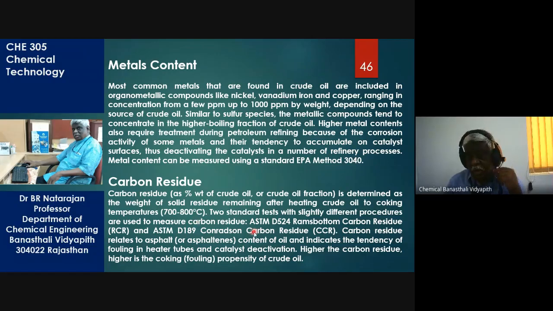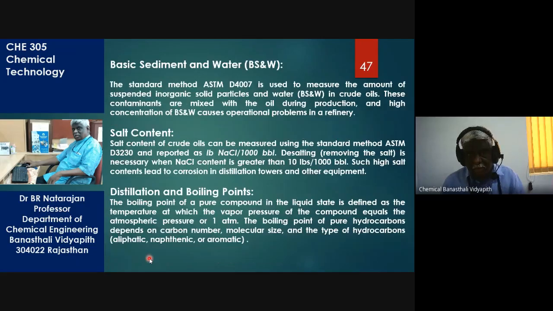So you have a standard ASTM test for determining the carbon residue, how much coke formation will take place, and you have sediment and water, how much soil and water is present, then salt content. So down to earth, some sodium chloride may be present, and measurement of salt content by standard experimental method.